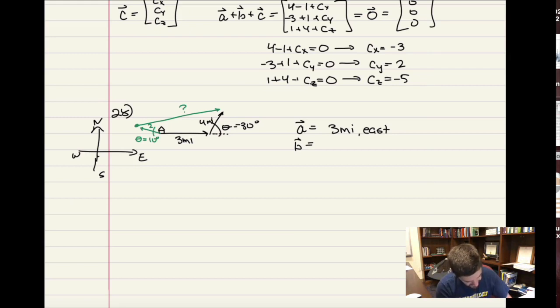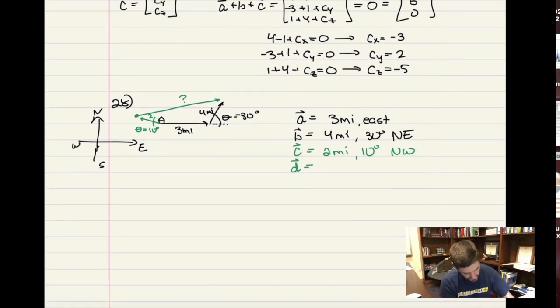B I might then represent as a vector that's 4 miles long and 30 degrees north of east. C is a vector that is 2 miles long, 10 degrees north of west. And then D is to be found.